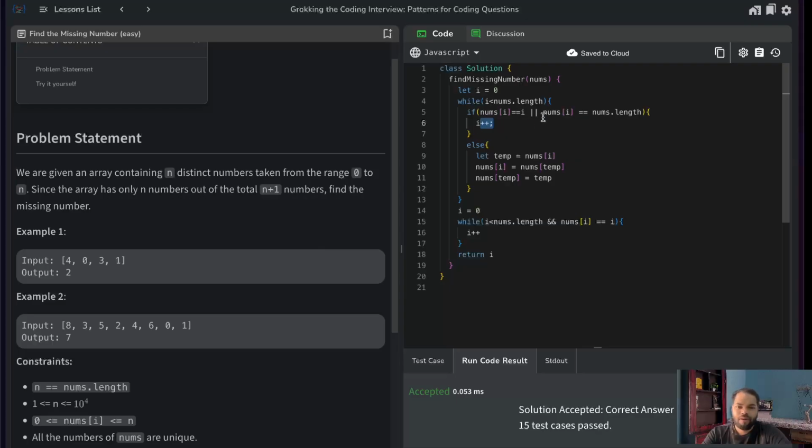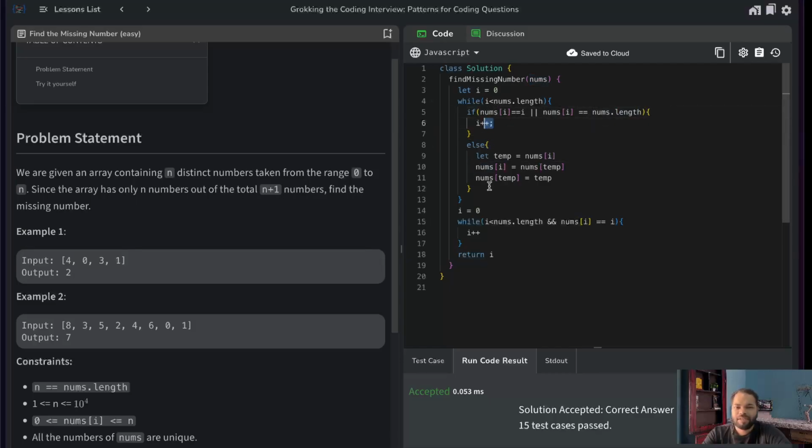But here we have one more condition that says if the value is the length of the number, that is for this 4, right? This 4, because it can't be present at its index. Okay, so if that is there, then we also increase our index.